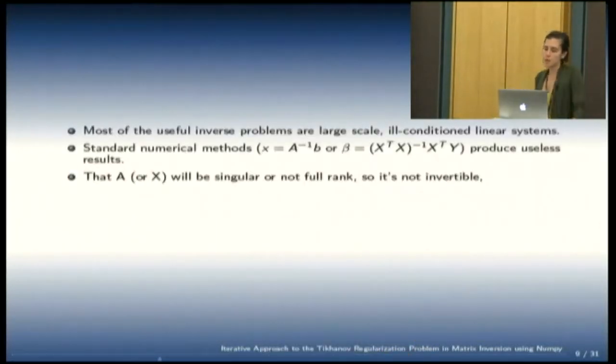Most inverse problems that are large scale have ill-conditioned linear systems. So you have a matrix A, and the vectors tend to be collinear, and so the matrix itself is hard to invert or singular. So what a lot of packages will do is use a pseudo-inverse method to invert the matrix.